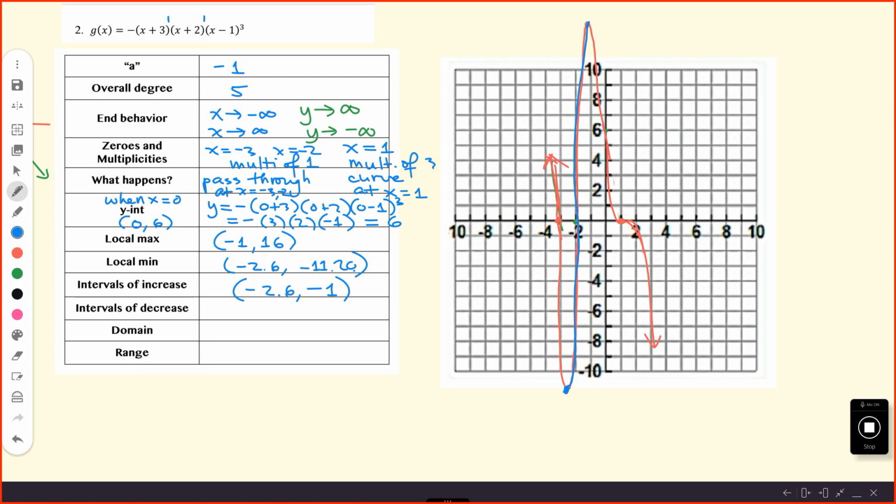And then for the decrease, we're going to think of this as decreasing in this part, right? Although it's curved, it's going to go down all the way. So therefore, we have two decreasing intervals, okay?